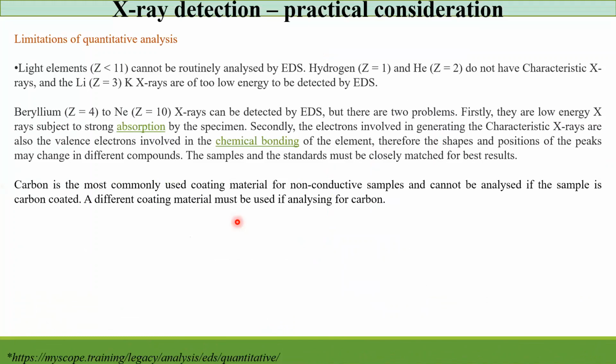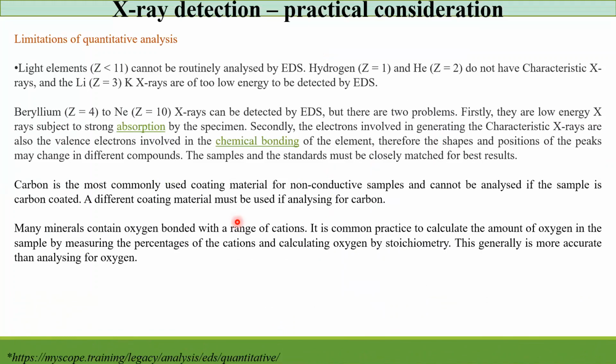So we try to avoid such low elements in some points. This is about the light elements. As I told you, the light elements cannot be routinely analyzed by EDS. Particularly hydrogen and helium do not have any characteristic X-rays, and lithium K alpha X-rays are too low in energy to be detected by EDS. So we completely avoid hydrogen, helium, and lithium. Beryllium to neon X-rays can be detected, but there are two problems. Firstly, the low energy X-rays are subjected to strong absorption by the specimen, so most of the X-rays are absorbed there.